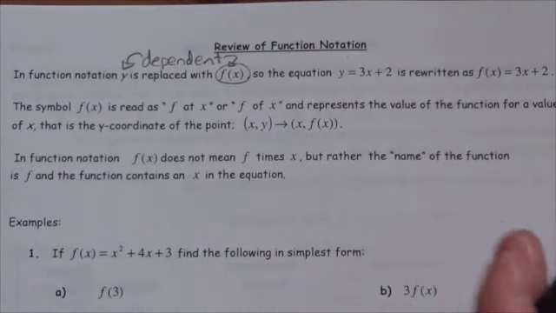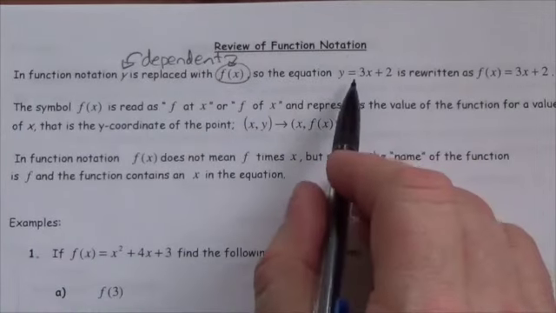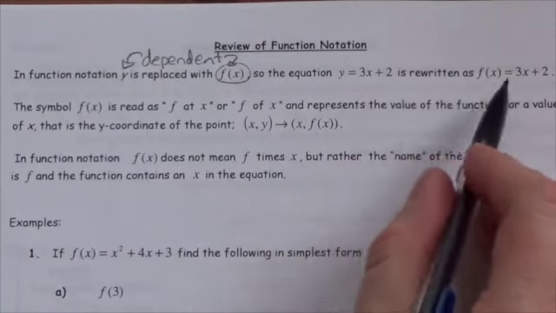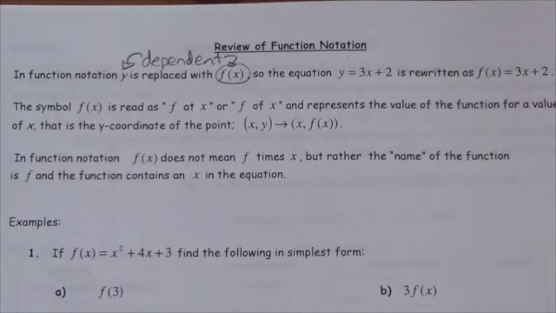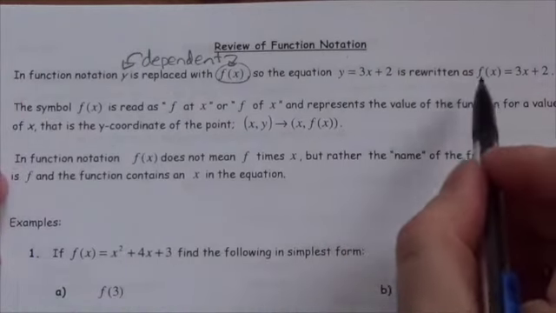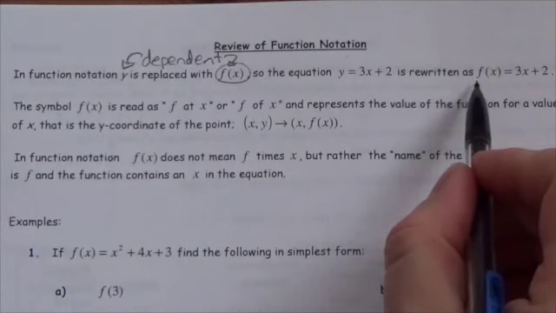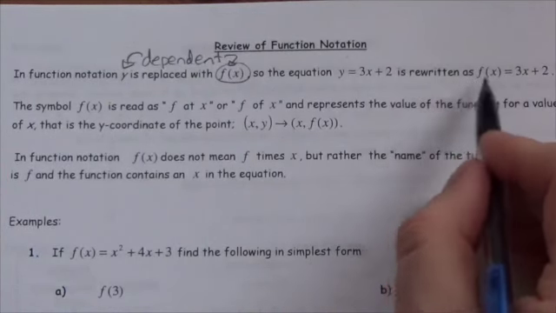Now I want to talk about what we mean by that. When we plug the f of x in there, that's replacing the y with this larger symbol, and in many ways it doesn't look like much of an improvement. And yes, we are using f because it's called a function, and that's a way of labeling it.